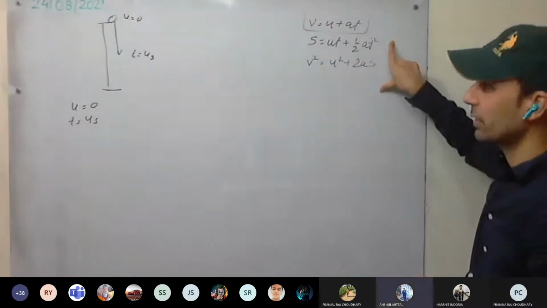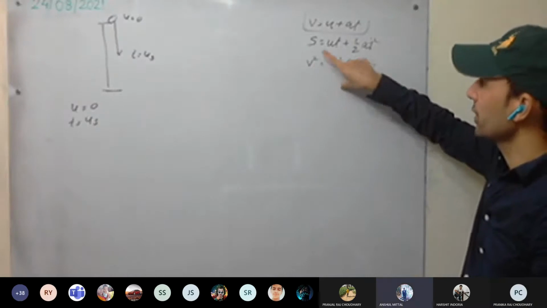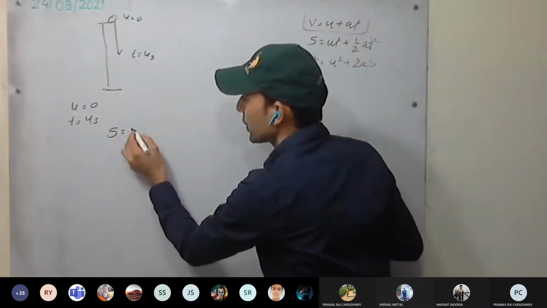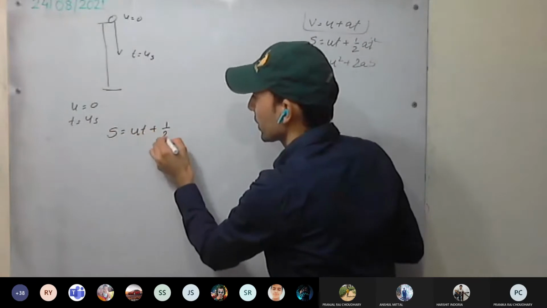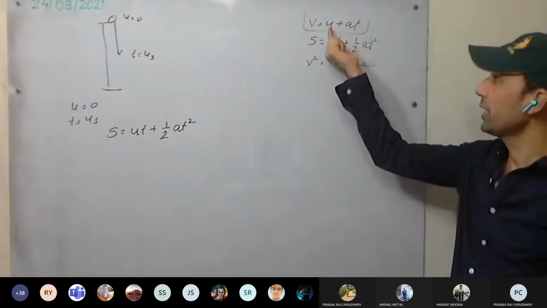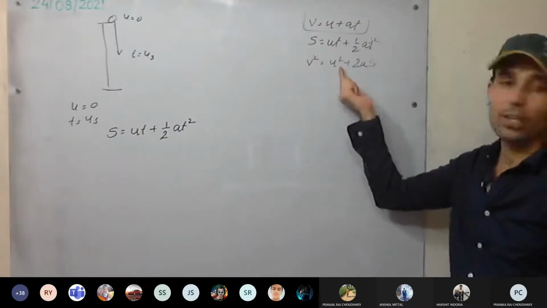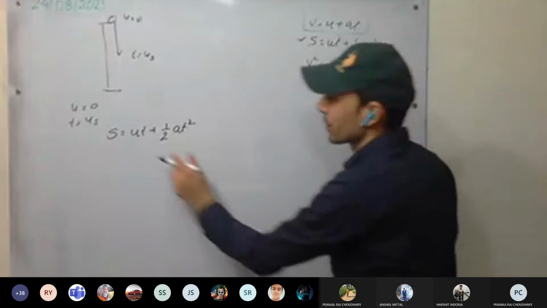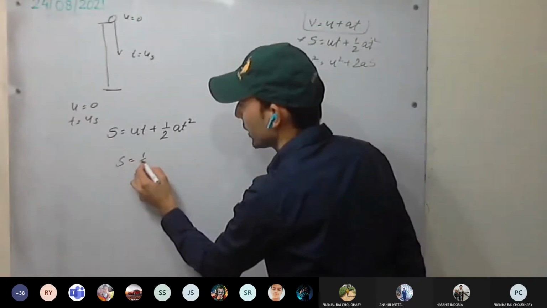Second one. U is 0, v is not given. So therefore, the second one we are going to use: s equal to ut plus half at square. Or calculate v using the first one, then use the last one. So it's better to use the second one. U is 0, so s equal to half at square.